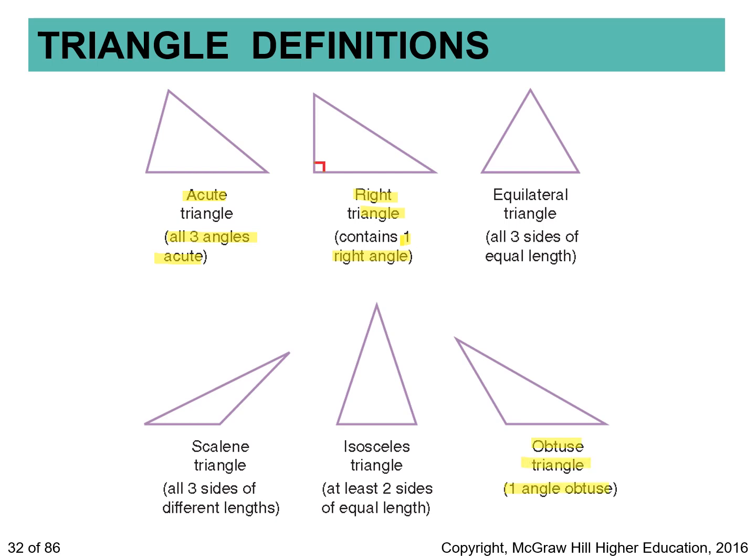I only get 1 obtuse angle. An equilateral triangle means all 3 sides are the same. Scalene means all 3 are different. Isosceles means at least 2. So what that tells me is that an equilateral triangle is also isosceles.